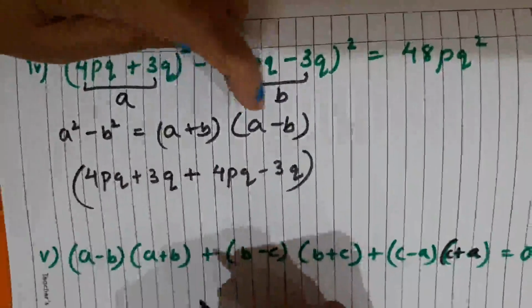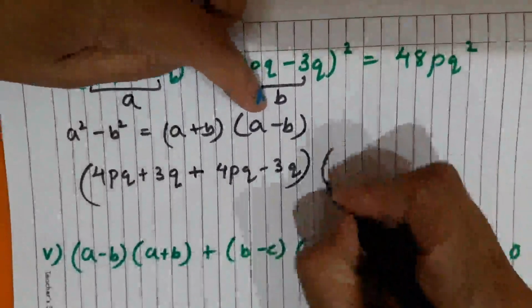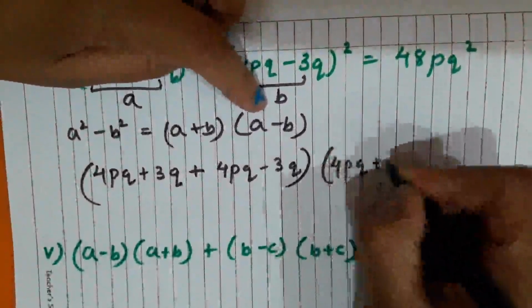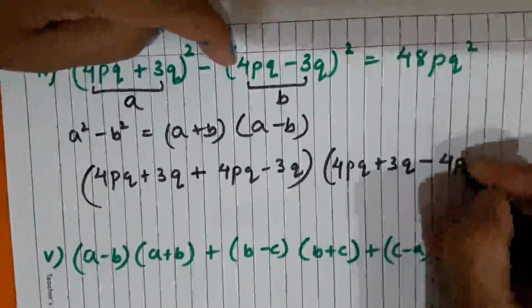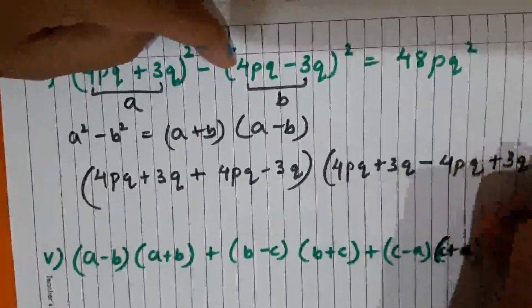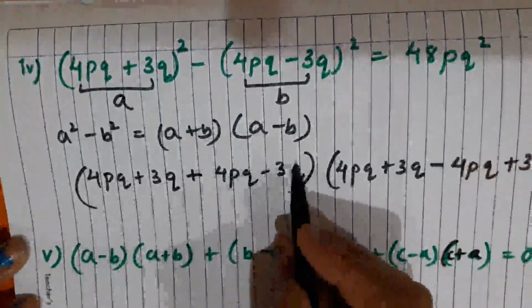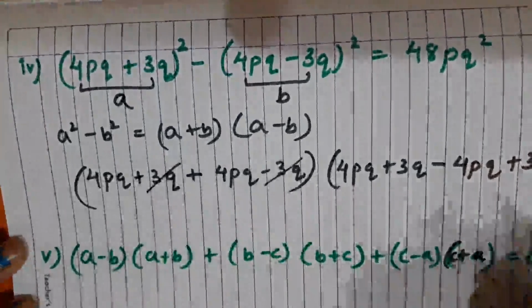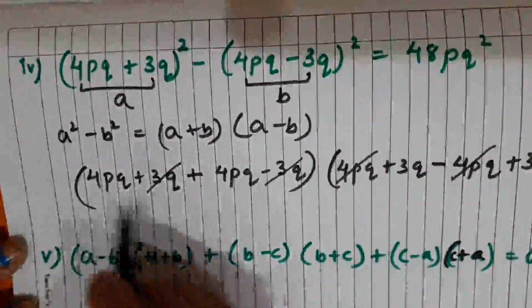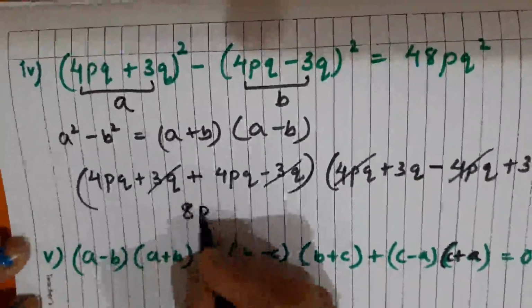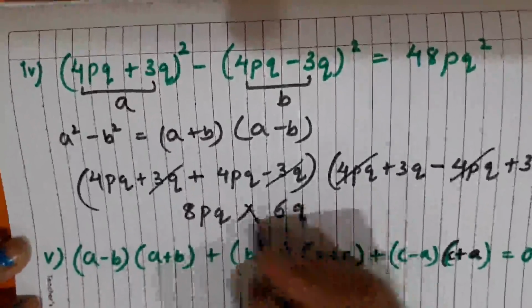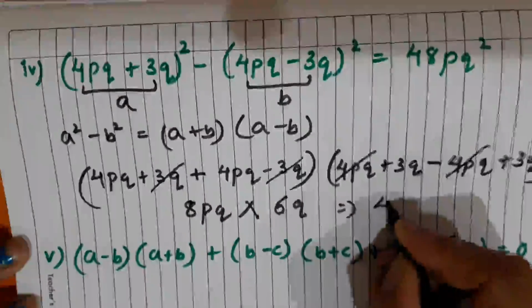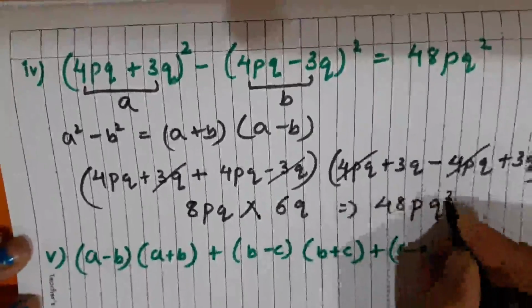Now write according to this: a is 4pq plus 3q and b is minus (4pq minus 3q). Now this cancels out each other, this cancels out each other, which gives you 8pq multiplied by 6q. 6 8s are 48, it gives you 48pq square.